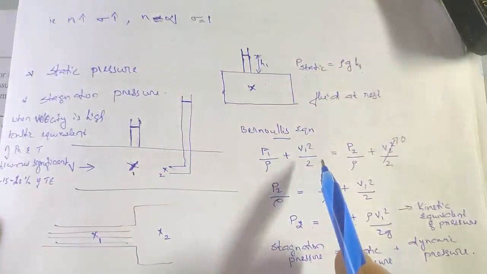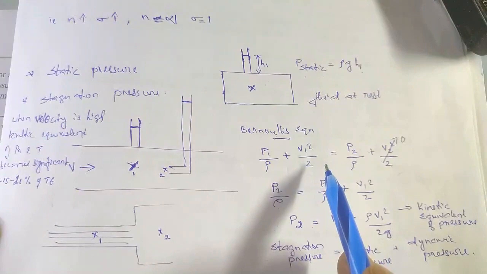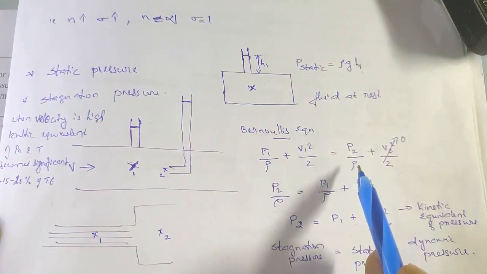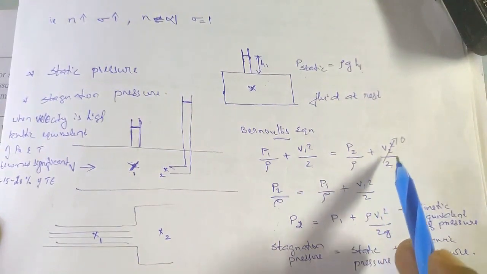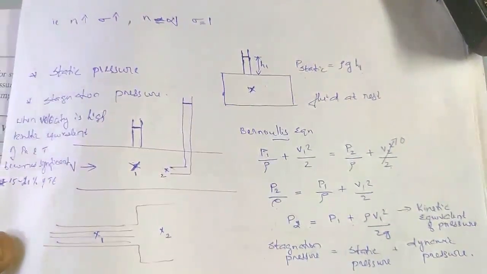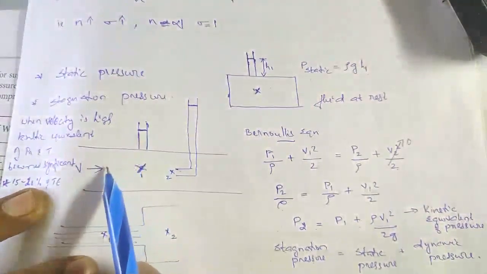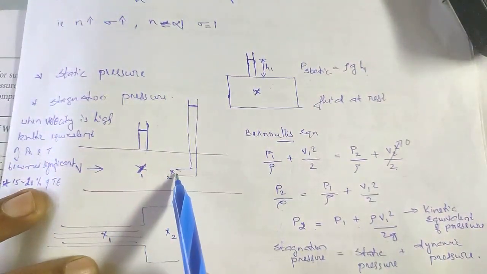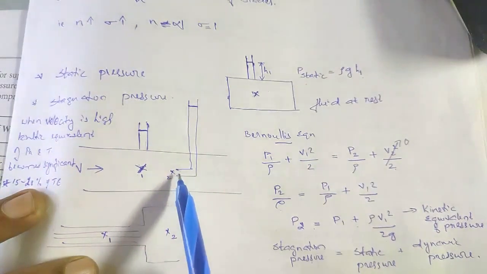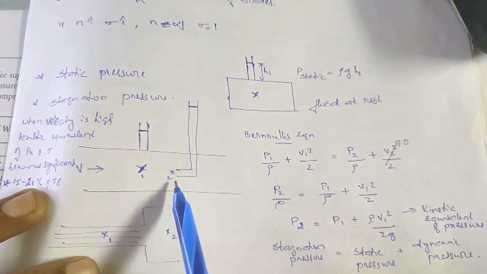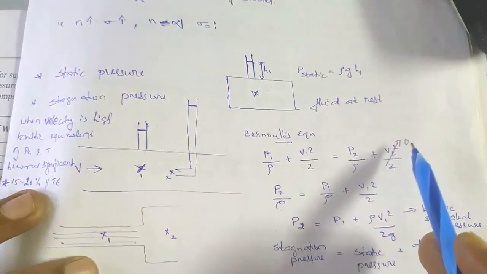We are neglecting the potential component. It will be equal to P2 by rho plus V2 square by 2. What is the assumption we made? We have made the velocity of the fluid at point 2 equal to 0. So then V2 square is equal to 0.